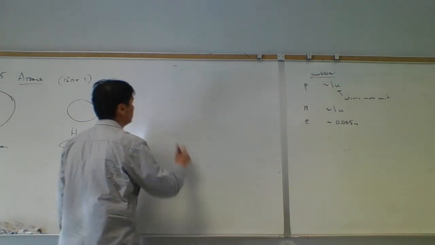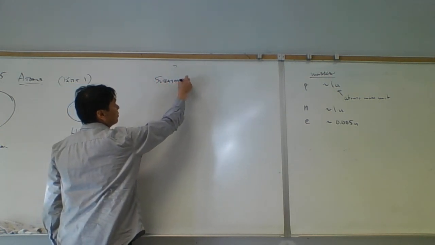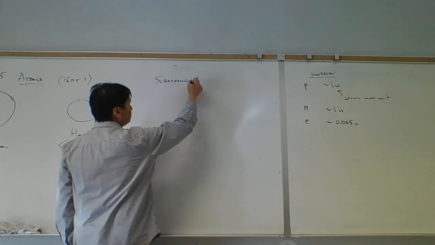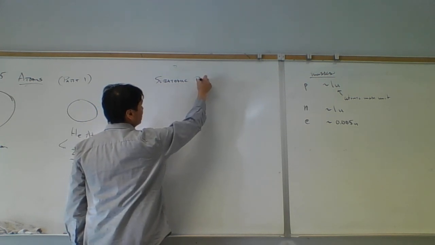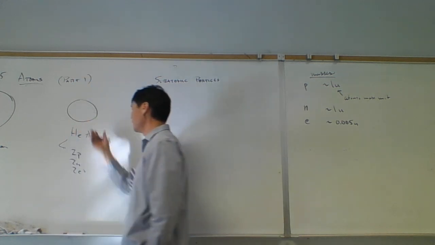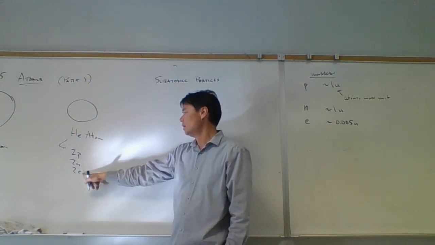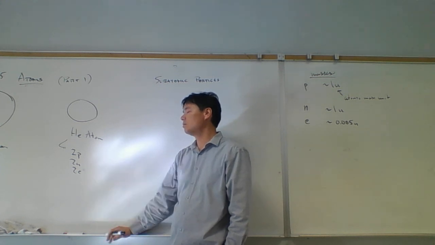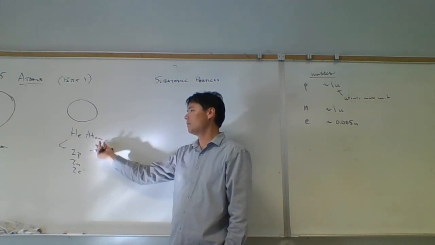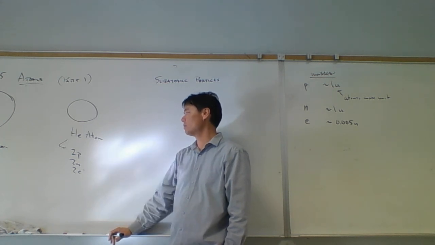And so let's talk about subatomic particles first. Subatomic particles are what you get if you break atoms apart; they break up into smaller pieces. And so if I take a helium atom and break it apart into smaller pieces, I'm going to get protons, neutrons, and electrons. Those protons, neutrons, and electrons no longer behave like helium. And so the atom is the smallest piece that will retain its chemical and physical properties.